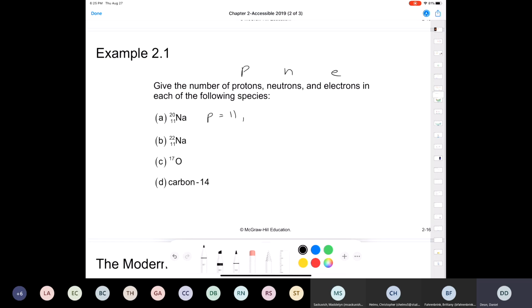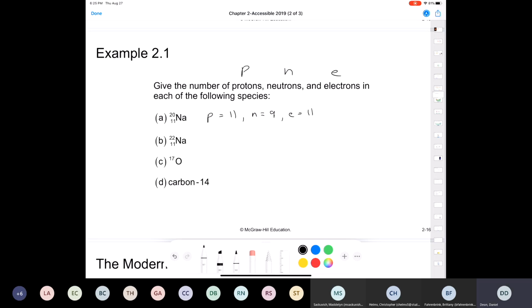So 11 plus what gives you 20? Well, it's 11 plus 9, so we have 9 neutrons. There is no charge indicated on this isotope of sodium, so we must have the same number of electrons as protons, and so the number of electrons is 11.